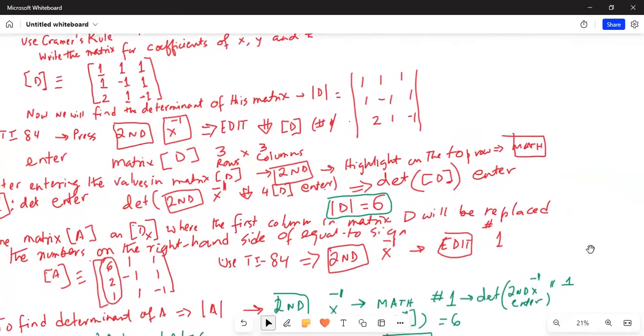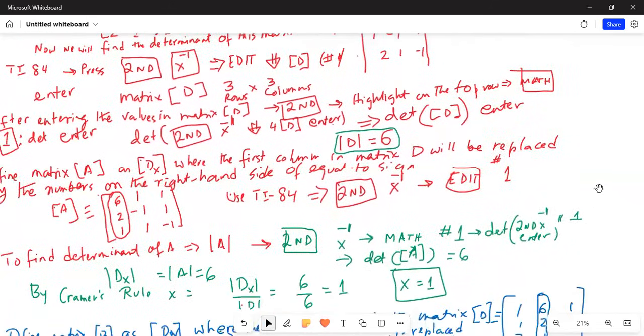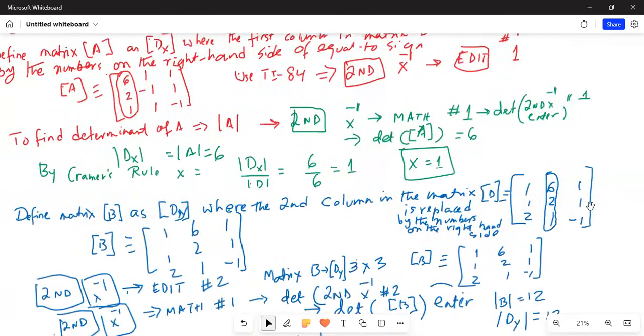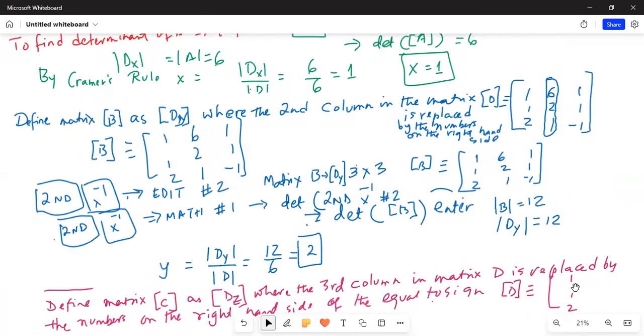It is 1, minus 1, 1, second column, so it will be 1, minus 1, 1, and then 1, 1, minus 1.